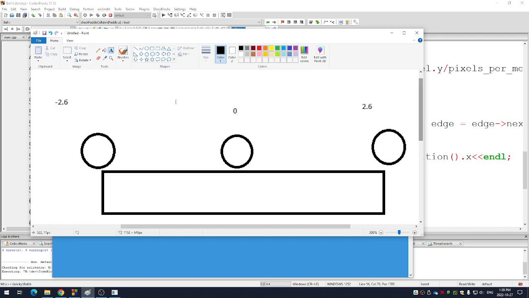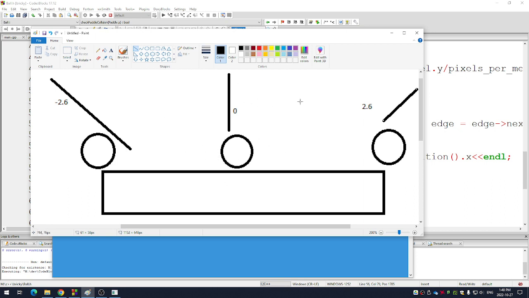So all I have to do is say, if that position is minus 2.6, maybe I want to send it off on an angle like that, right? If it's hitting the center, I want to send it up like that, the ball. And if it's hitting over here, I want to send it over there, and anywhere in between, some sort of scale that will allow me to control where the ball is moving, okay? So if I'm hitting 0, I need it to go straight up.